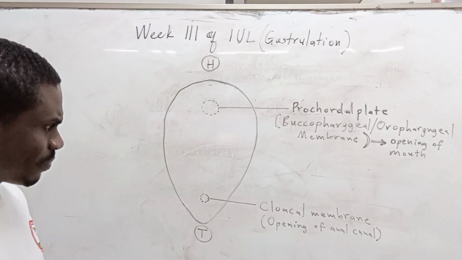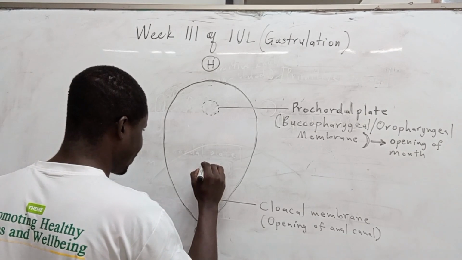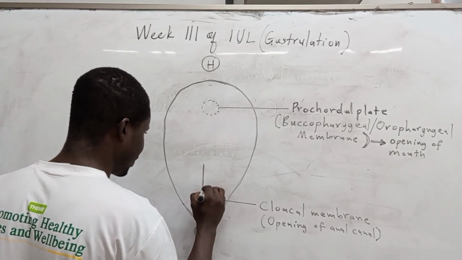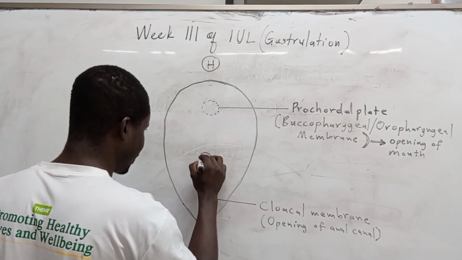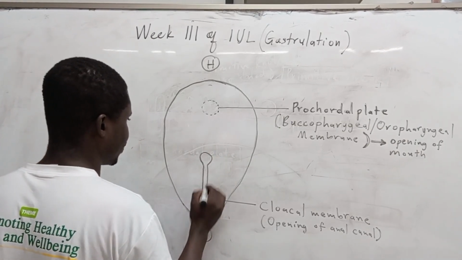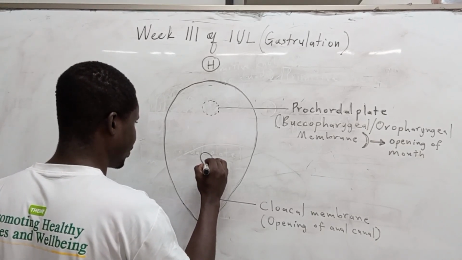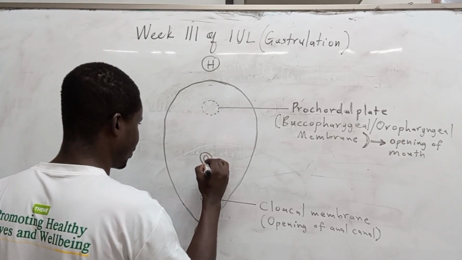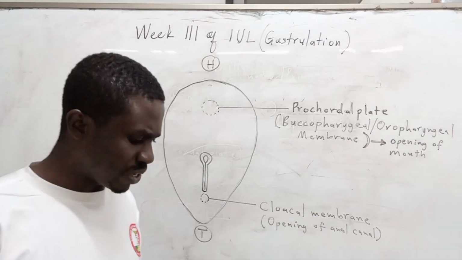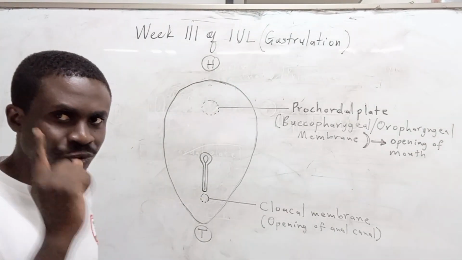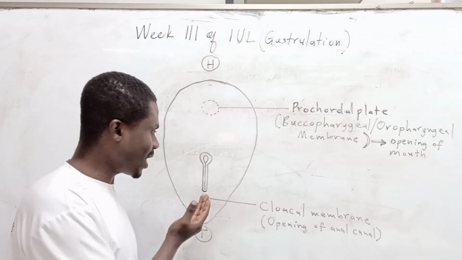Now, I told you that there's going to be that kind of streak. Now draw this. Now, my friends, there's going to be that streak. I told you that that streak will begin from the caudal end, and it's evident over here towards the cranial end.